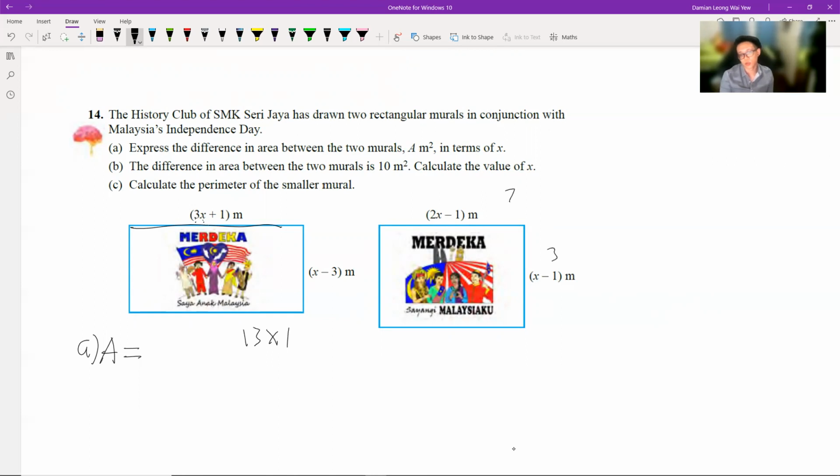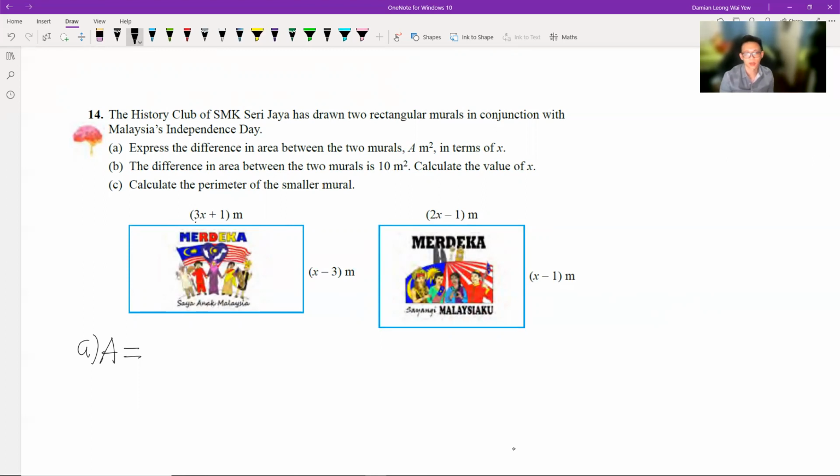Here, 4 minus 1 is 3. Oh, wait, actually, this one will be larger if it's 4. Yeah. So it might be a bit ambiguous, actually, because they don't really tell you which is larger.